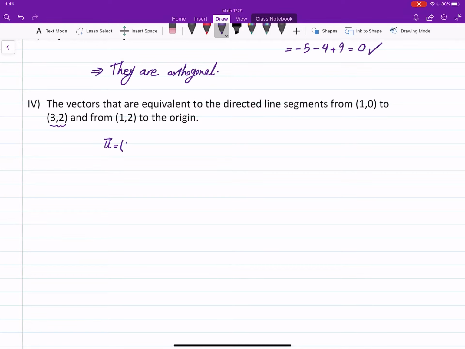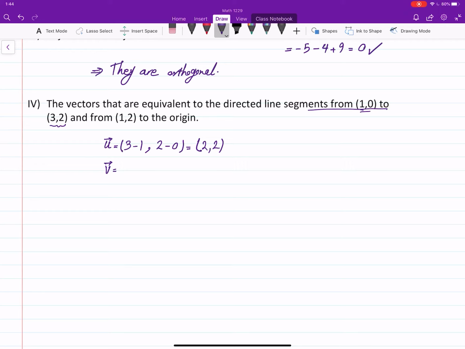So we do, for the first component, 3 minus 1 and 2 minus 0. So the first vector, which is equivalent to the directed line segment from (1, 0) to (3, 2), is (2, 2).